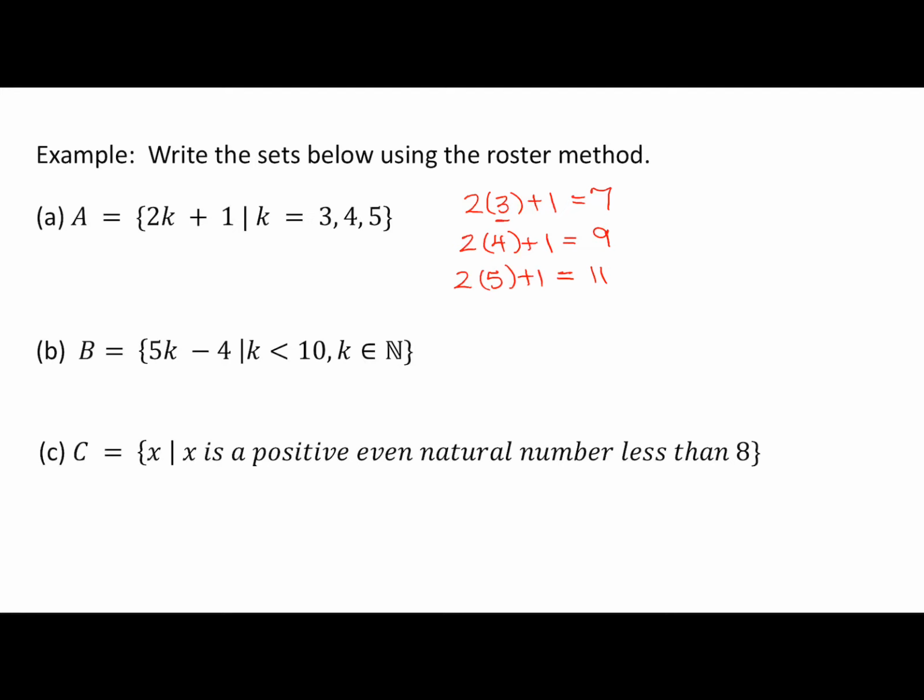So these are all the possible values for elements of A. So A is the set containing 7, 9, and 11. All right, you should pause the video and try B and C on your own. And when you've got an answer down, hit play again and check that your answer matches mine.